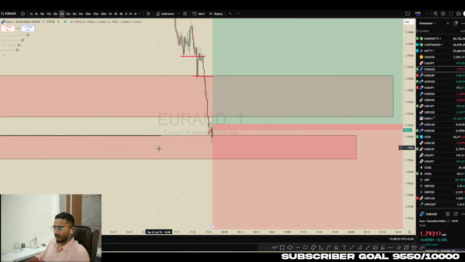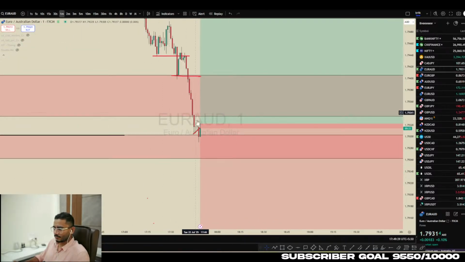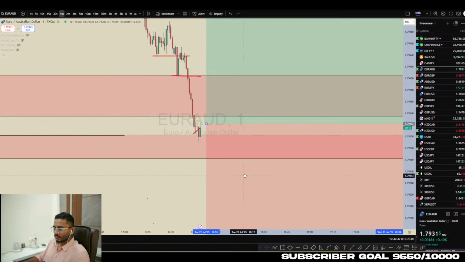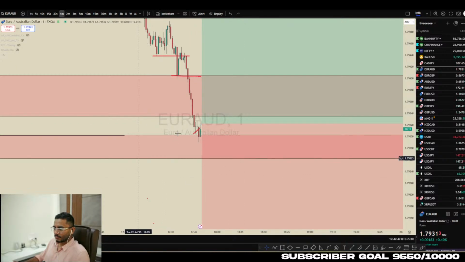Okay, let's wait for price to close above the structure. The candle should close above the structure here.